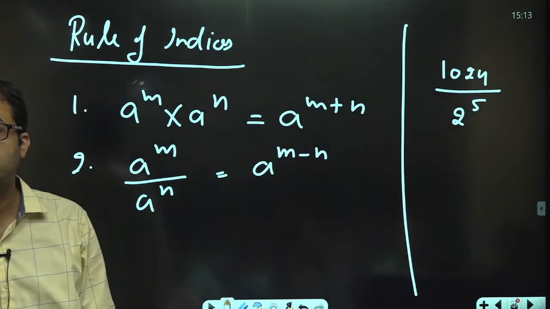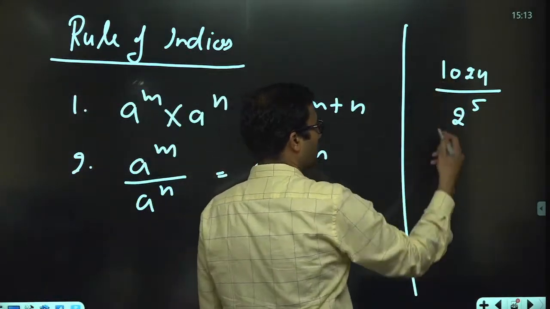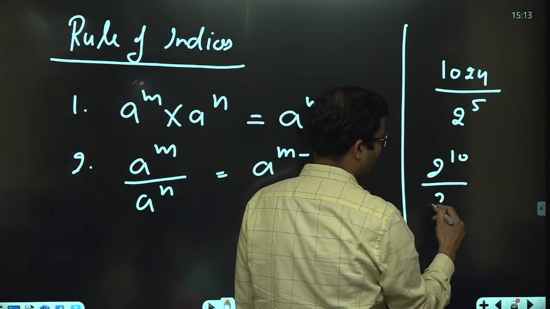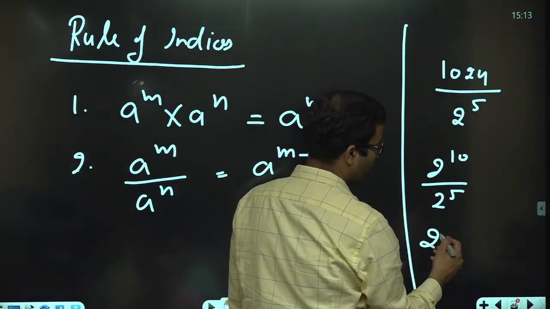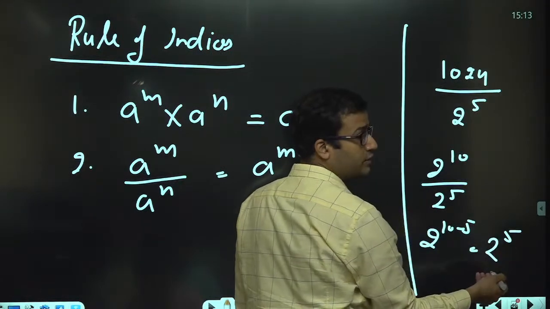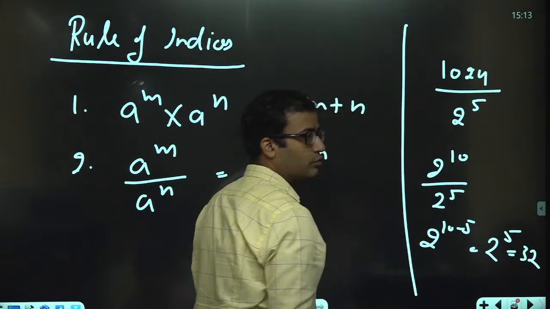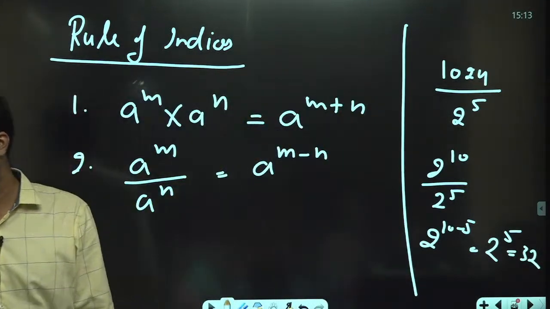What is 1024? 2 is to power 10. 2 is to power 10 divided by 2 is to power 5. We will say 2 is to power 10 minus 5. So it is 2 is to power 5. Either you can say 2 is to power 5 or 32. 2 is to power 5 is 32. You can give the answer 32 also.